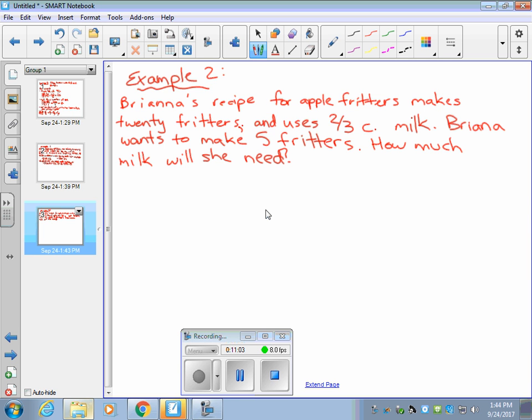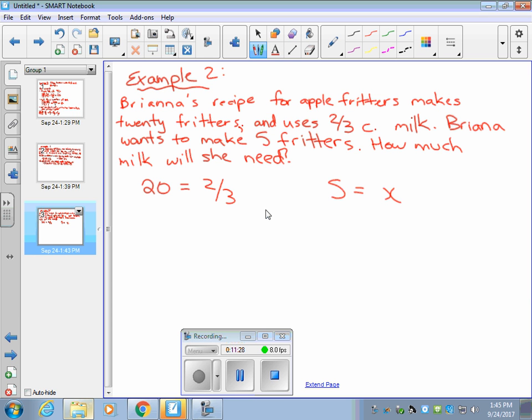We know that 20 fritters needs 2/3 of a cup of milk. We also know that the second one, we want 5 fritters, and we have an unknown value. You could put a question mark there too.